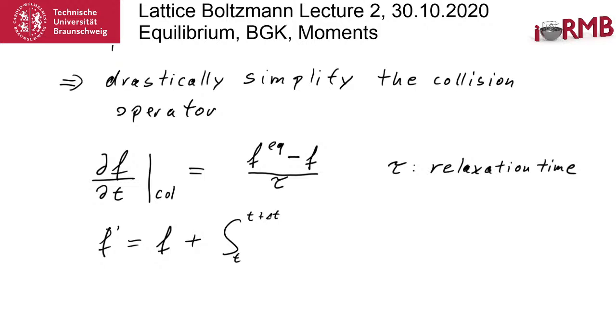So this is the collision time. This would be the integral over f eq minus f divided by tau over t. Okay, I have to write t tilde.